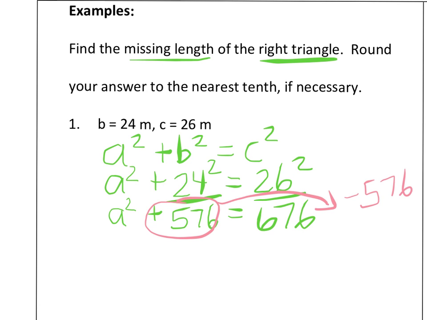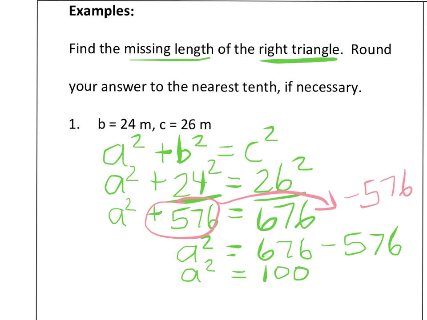When it goes across an equal sign, it becomes opposite. So what's left on this side is A squared on the left side of the equation. On the right side of the equation, I have 676 minus 576. So A squared is equal to 100.